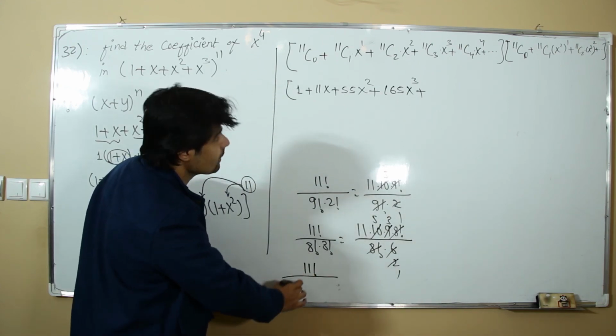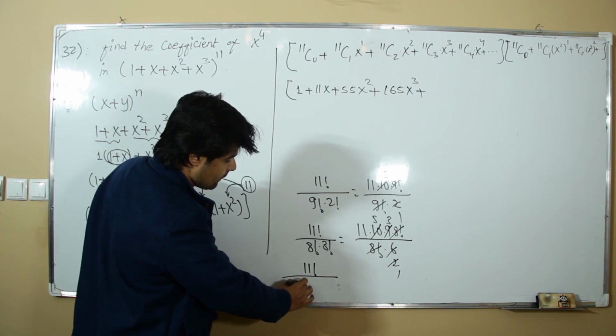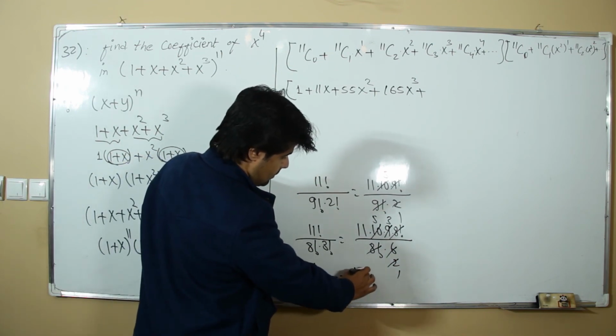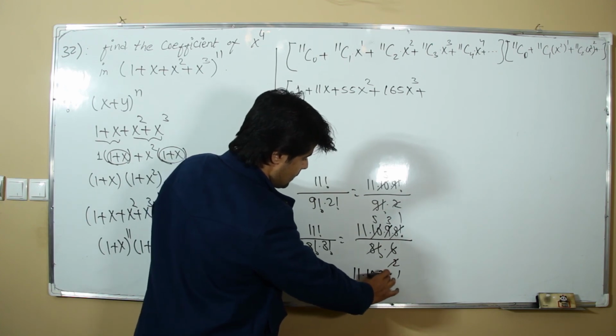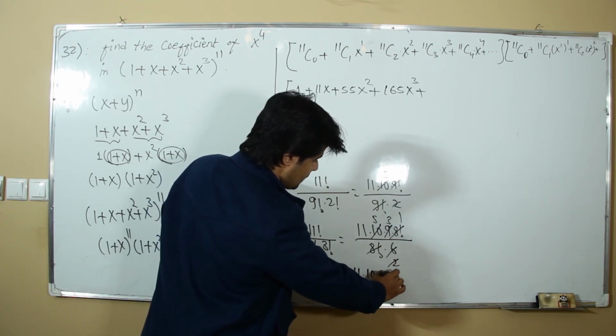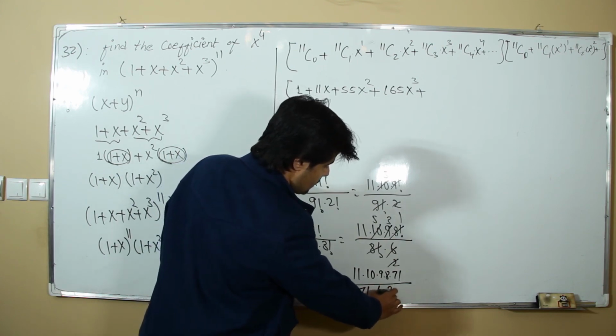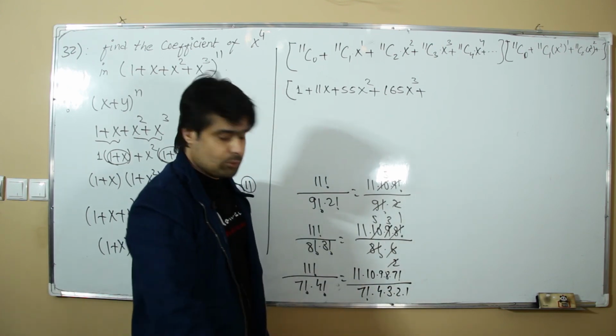Plus the next one is 11c4, 11 factorial over 11 minus 4, it is 7 factorial times 4 factorial, you will have 11, 10, 9, 8, and 7 factorial over 7 factorial, 4, 3, 2, 1. I'm sure you know.